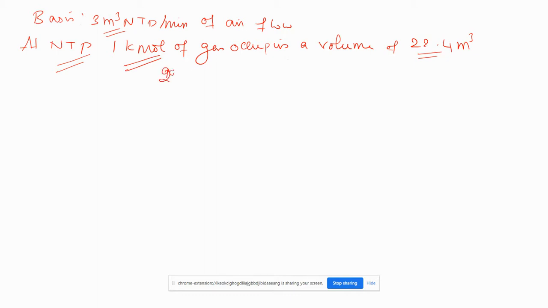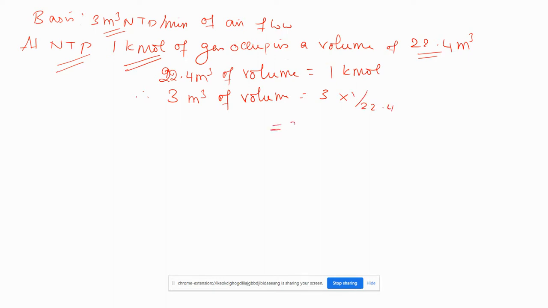For 22.4 meter cube the moles is 1 kilomole. Therefore, for the given 3 meter cube, you have 3 into 1 divided by 22.4, which is 0.134 kilomole per minute.